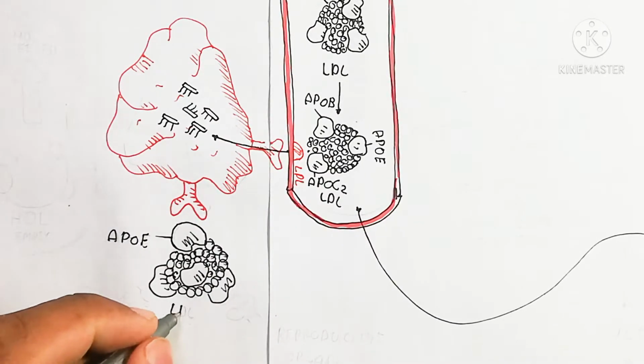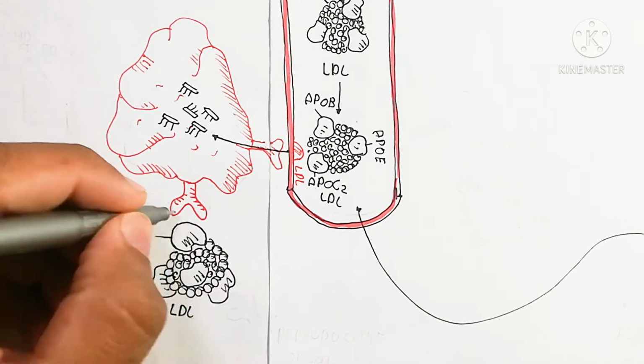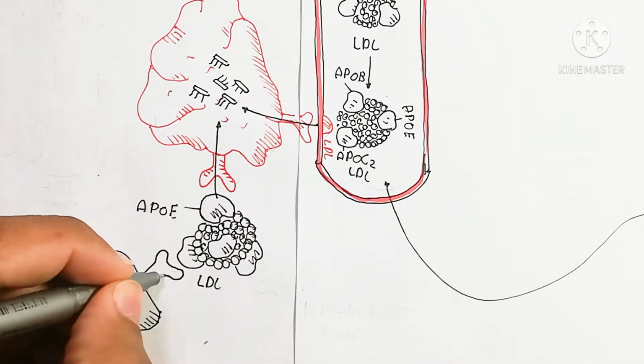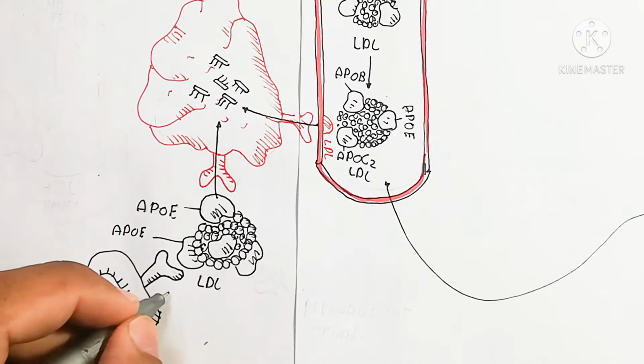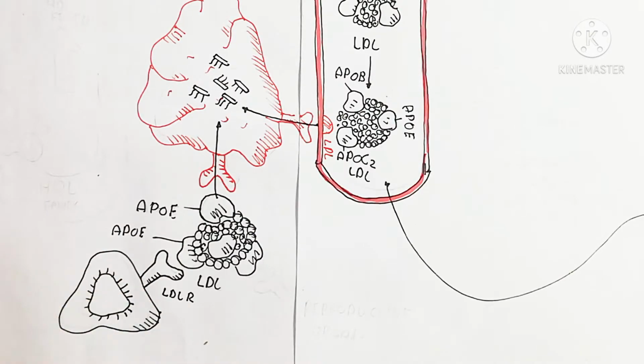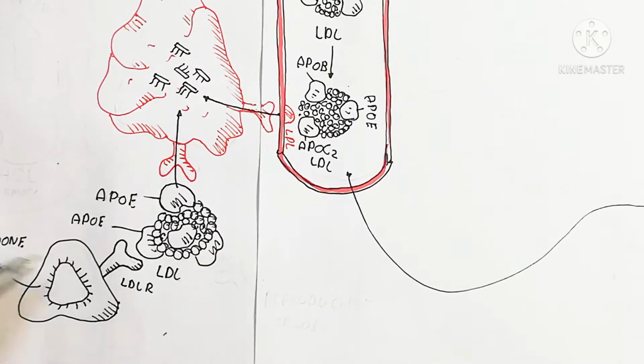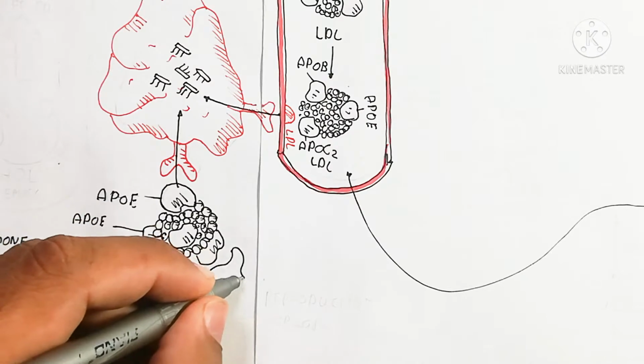So the triacylglycerol will be provided from that. On the other hand, here is the triglyceride, which ApoE is used to. Here also ApoE is used to give the cholesterol and fatty acid triglyceride to the adipose tissue.